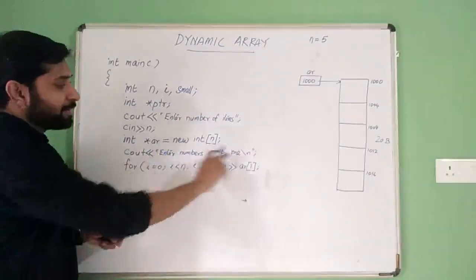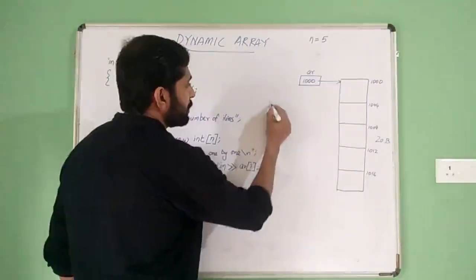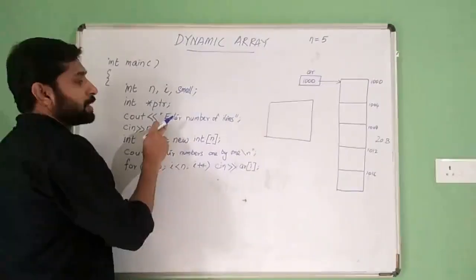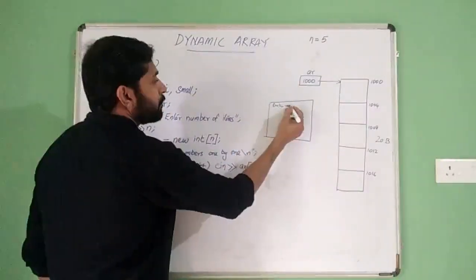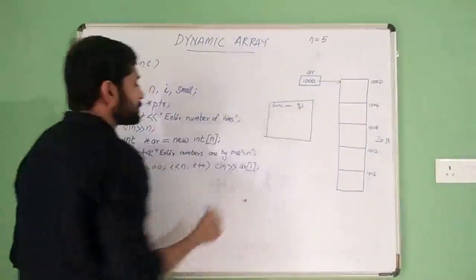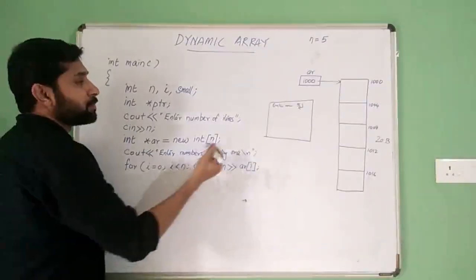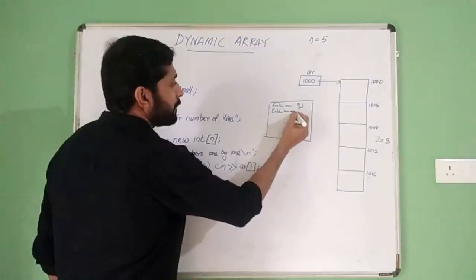On the screen, first you will get enter number of items. So we will type 5 and the enter key will be pressed. Immediately after that, the next message will be enter numbers one by one.